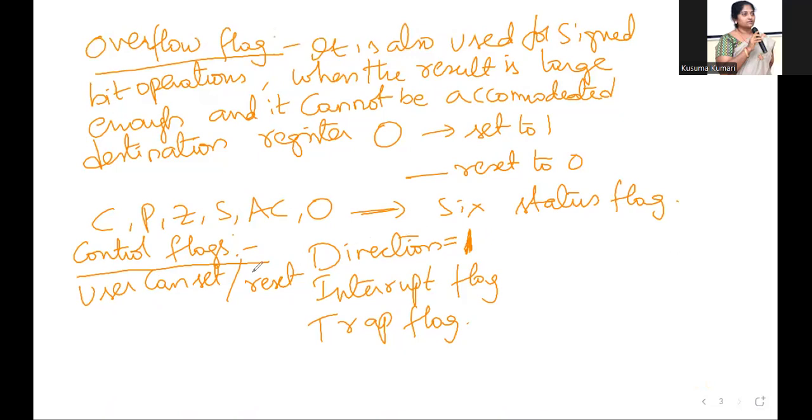If the user makes the direction flag 0, then another type of operation can be performed. So finally, these flags can be set or reset by the user. Okay. The direction flag is particularly used for string operations.